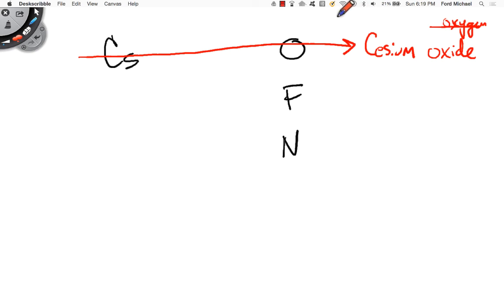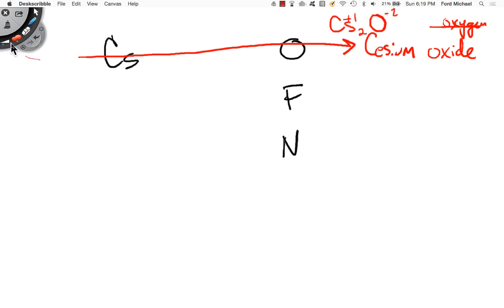Okay, we write the symbol for cesium, the symbol for oxygen. Cesium is plus 1, oxygen is minus 2. Eventually you'll get to the point where you'll see, well, I need 2 plus 1 ions to balance out my single minus 2 ion. But again, if you don't remember that, just use your crisscross, and you'll get that. So there's our formula.